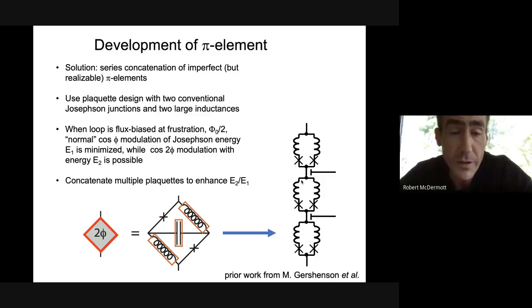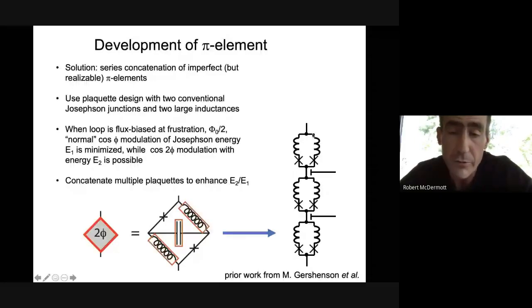At least we can realize these in a clean room. If we can do that, then one path to protection is just to brute force concatenate a number of these imperfect elements. And this is the approach that we're taking here, where the plaquette is this simple SQUID loop involving two conventional Josephson junctions and inductors that are not in the microhenry range, but only in the nanohenry range. So this is realizable.